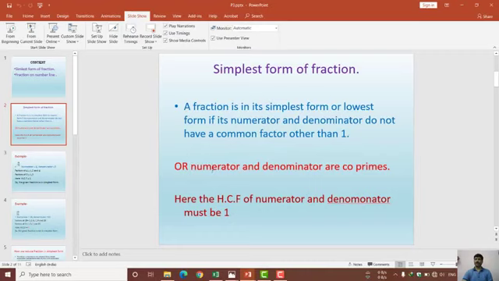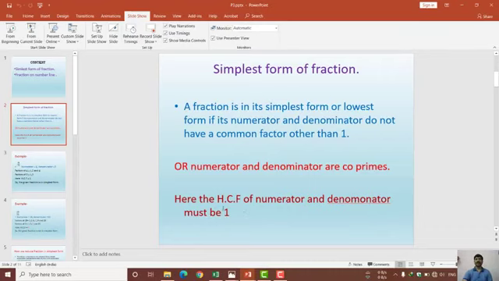It means we can say numerator and denominator are co-primes. Why co-primes? Because the HCF of numerator and denominator must be 1.